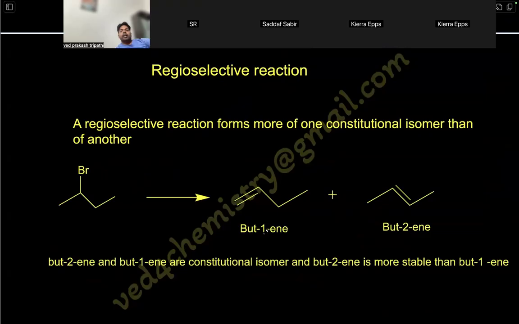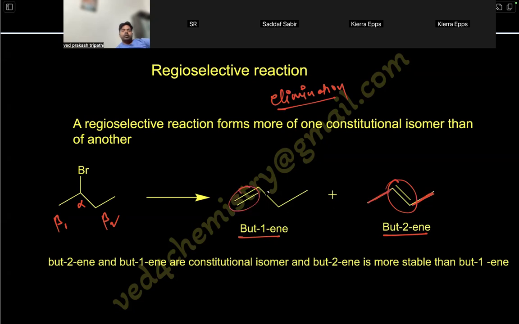This is the most stable carbocation. Regioselective. Regioselective means this is alpha, this is beta 1, beta 2. I have done this in elimination reaction, E1, E2. Elimination reaction means if you have two different alkenes, you can see this is two different alkenes. So the most stable alkene would be major, meaning the more substituted alkene would be major. You can see this is more substituted, 2 carbon. And here just 1 carbon chain. This is more substituted and this is less substituted.